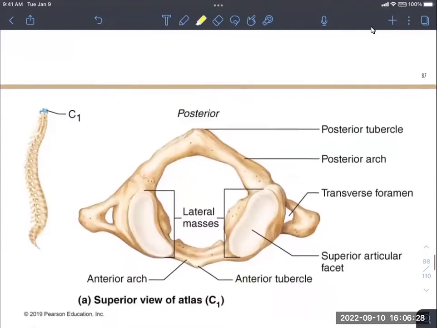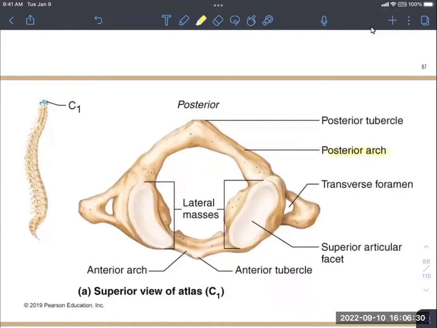This is what our C1 looks like. We have our posterior arch. And instead of a spinous process, it has a tubercle on it. We still have that transverse foramen, but we don't really have the transverse processes like the rest of them. We have this big, huge, superior articular facet. This is what holds our skull. Our entire skull sits on those.